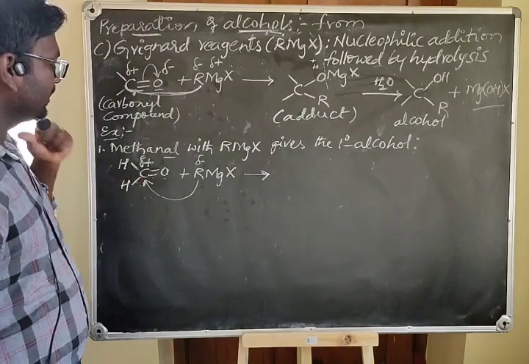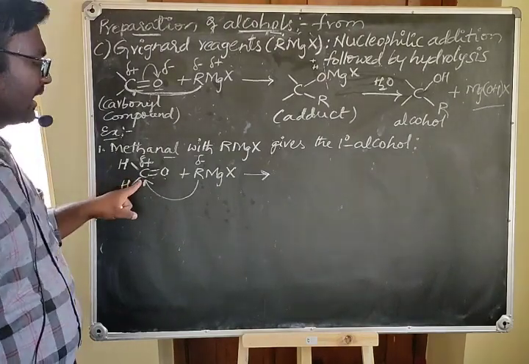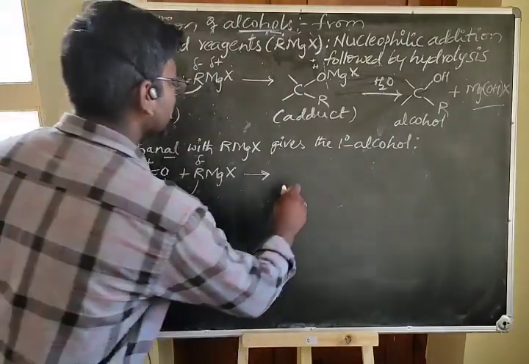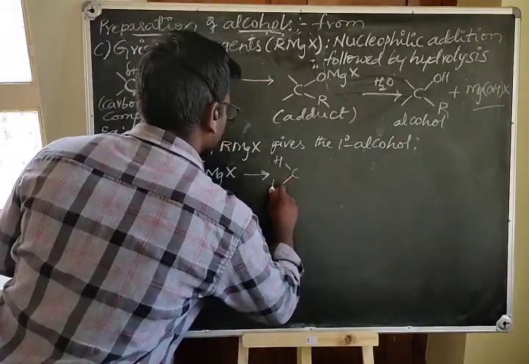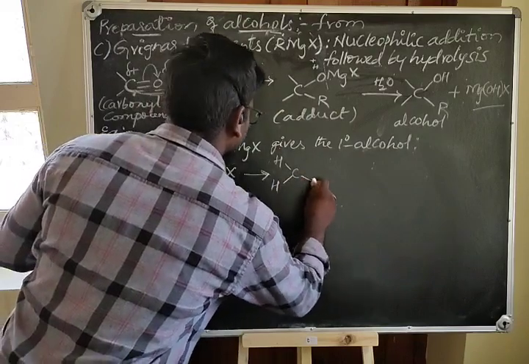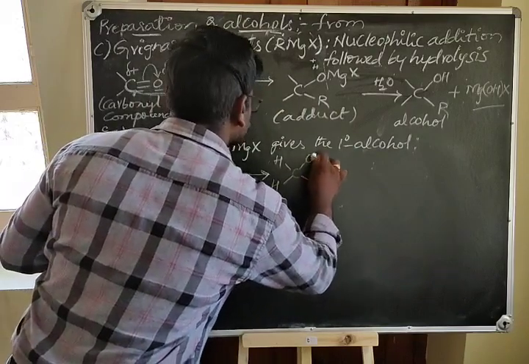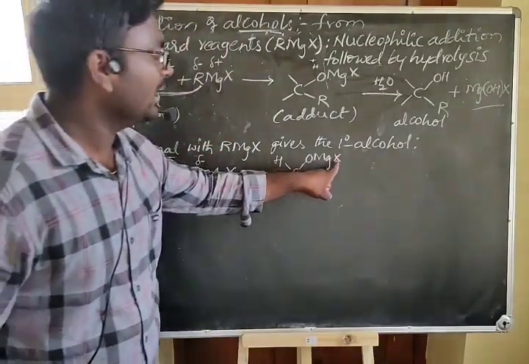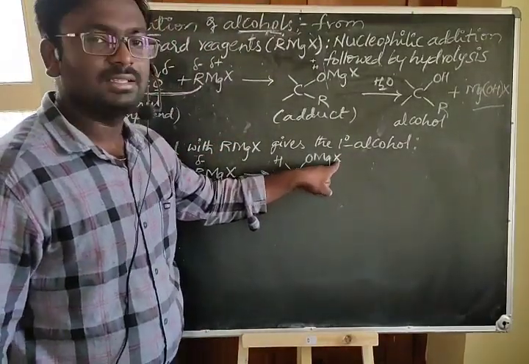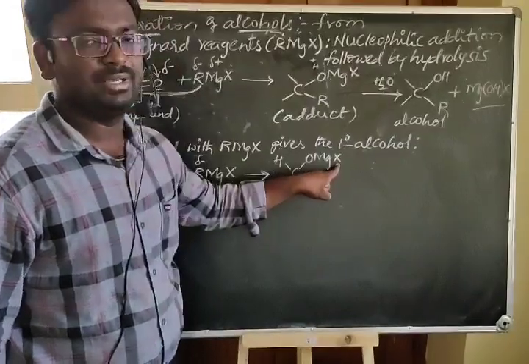So it gives the adduct like this, R gets attached here, and you have OMgX. Here X is a halide, it may be Cl or Br.